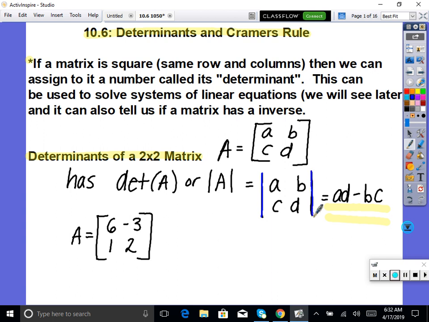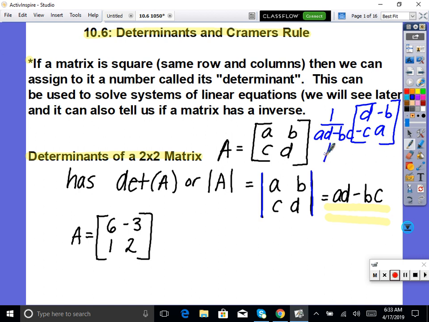So this is actually the determinant, you guys. A times D minus B times C, which we've seen that formula before. Last time, do you remember that that was what was under the fraction? In our inverse equation, it was 1 over A times D minus B times C, in parentheses we switched D and A, and then B and C had opposite signs.